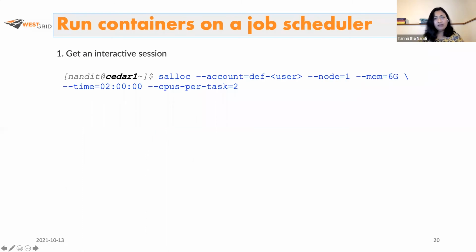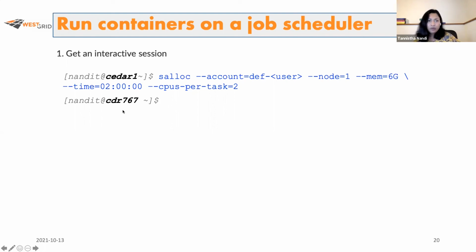You will be placed into, let's say, Cedar's head node or login node. From there, you can request an interactive session using the Slurm command salloc. Whatever resources you think are appropriate for your run, you can specify, and then you will be placed on a compute node on Cedar.